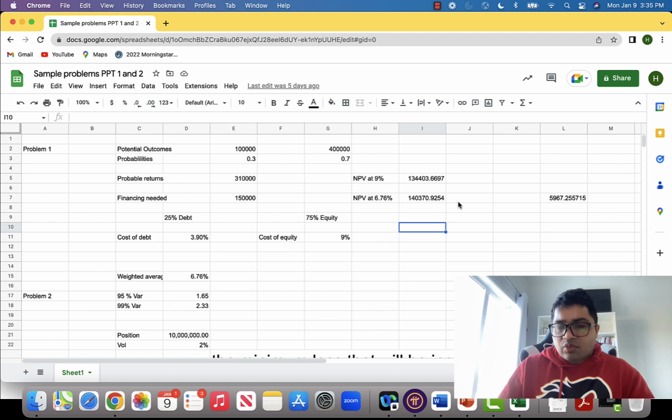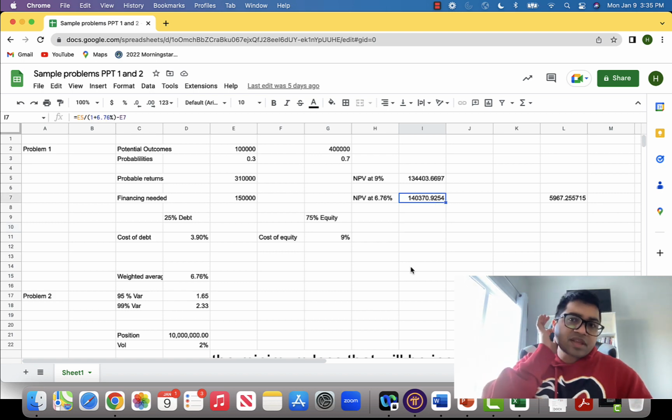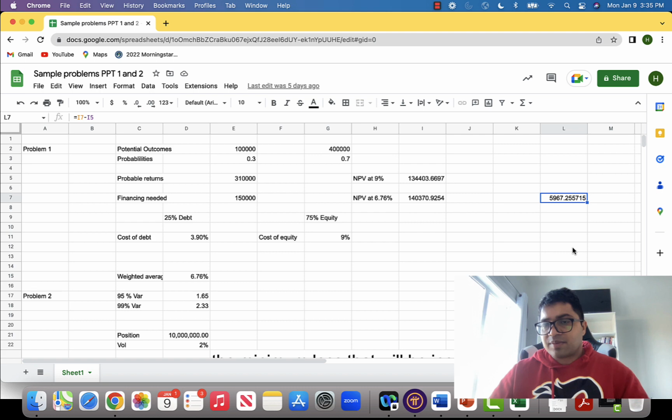So you get 140,000 of profit after paying for financing. So profit in option 2 is higher than option 1. And how much higher? It is almost higher by $6,000. So you get $6,000 more after tax if you use some debt in your cost of capital.